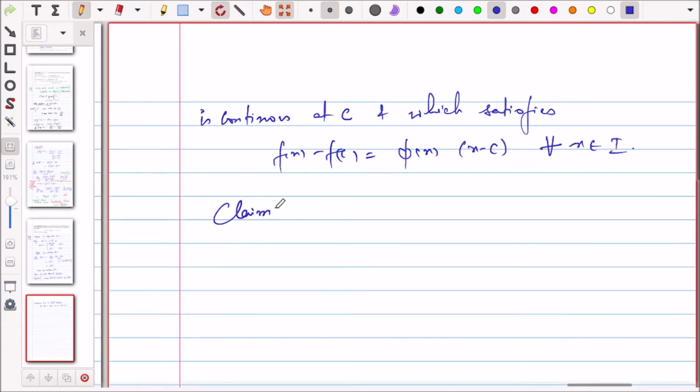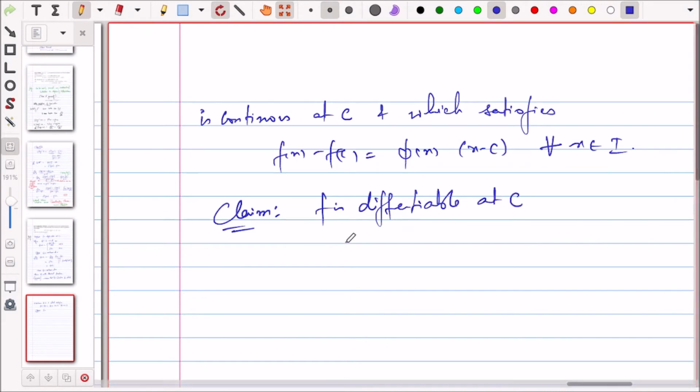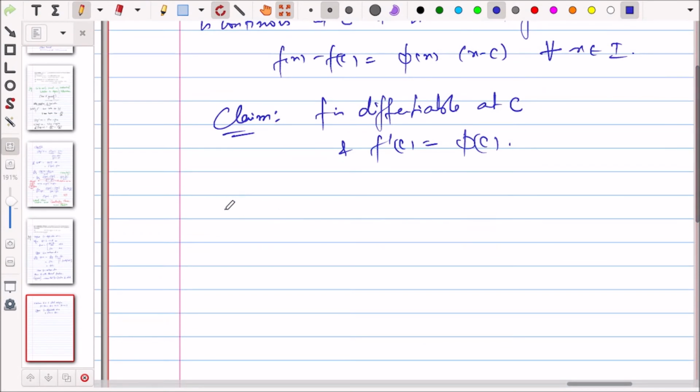Claim: f is differentiable at c and f dash c is equal to phi c. So we have to show this. For f to be differentiable at c, what do we have to do?